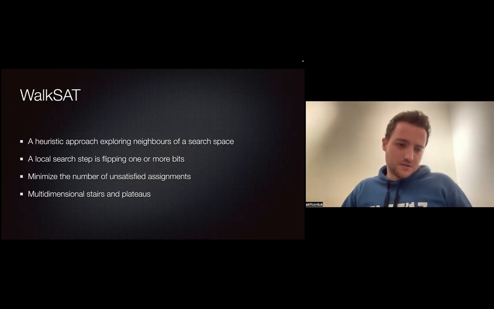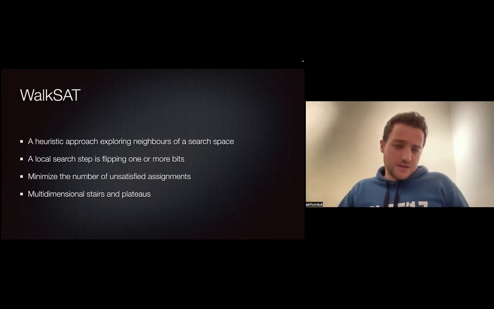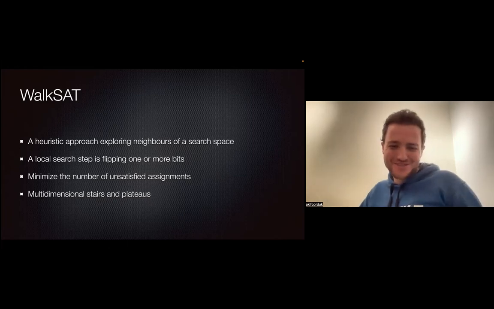And why stairs? Because it's extremely discrete, so you just jump a couple of satisfied clauses up and down. So it is pretty important to be able to escape the plateaus and also the local minima, because you might be stuck at the bottom of the staircase, in a pit.